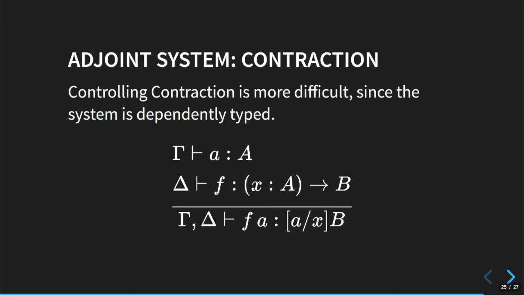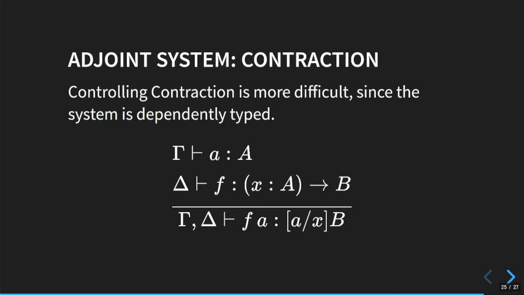So let's look at this hypothetical dependently typed function application rule again. We have a function and a potential argument, and now we want to say we apply it and we concatenate these contexts. But the problem here is that we really should check that this little a is correctly of this type, capital A, and it's unclear what that means when they exist over different contexts.